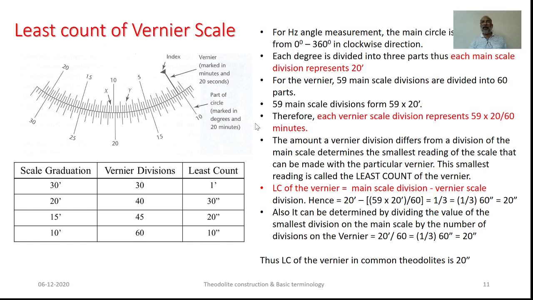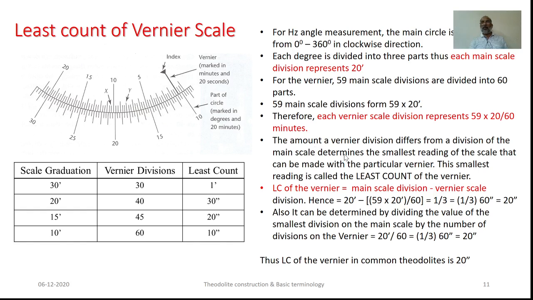For the vernier, 59 main scale divisions are divided into 60 parts. Hence, 59 main scale divisions form 59 into 20 minutes. Therefore, each vernier scale division represents 59 into 20 by 60 minutes.